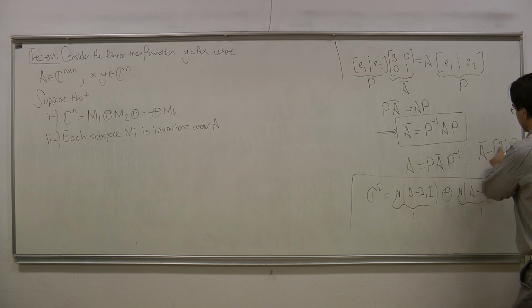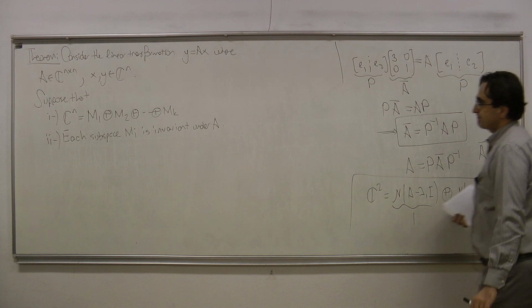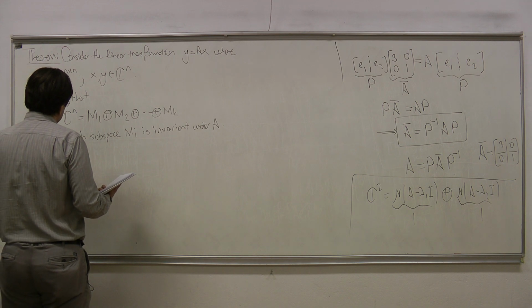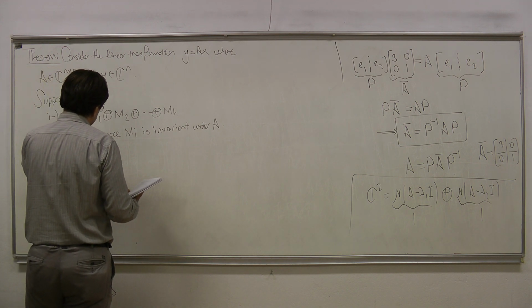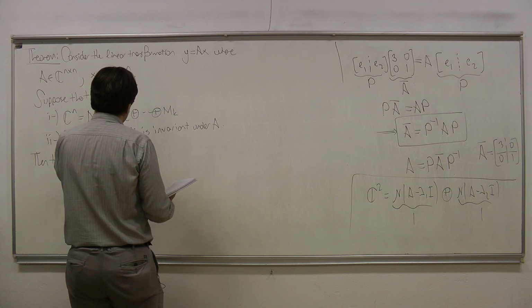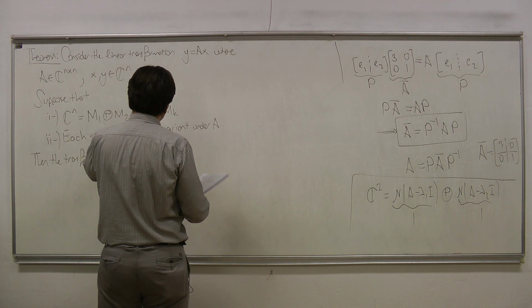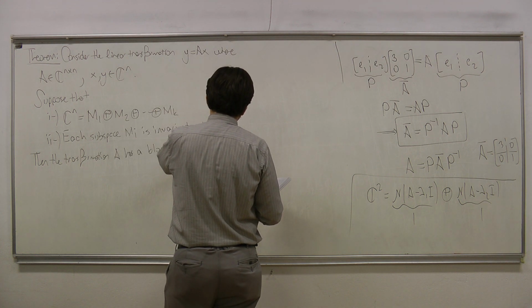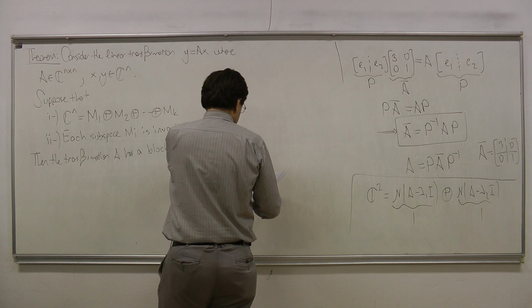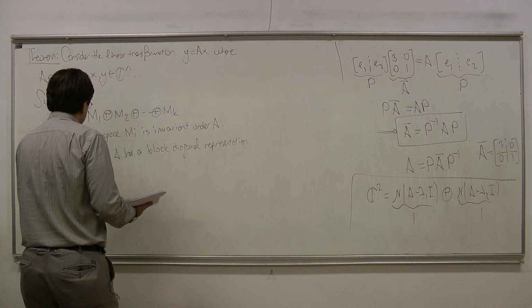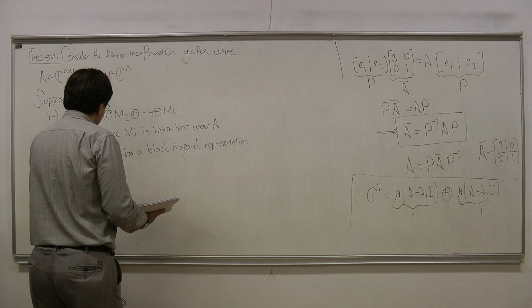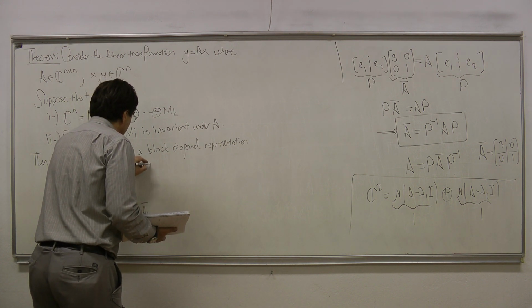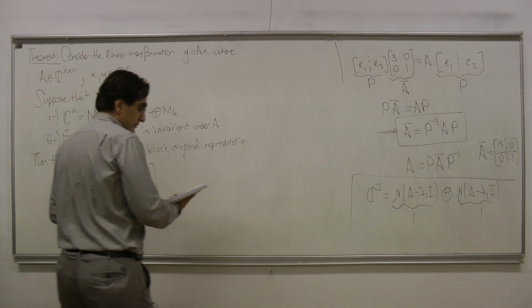Then the transformation A has a block diagonal representation. This A bar is in the following form: A1 bar, A2 bar, going until AK bar. The rest is 0.